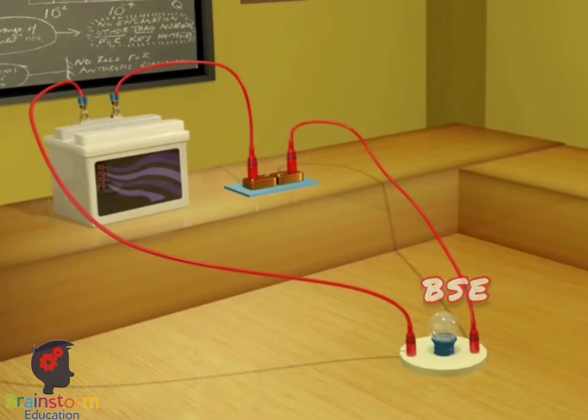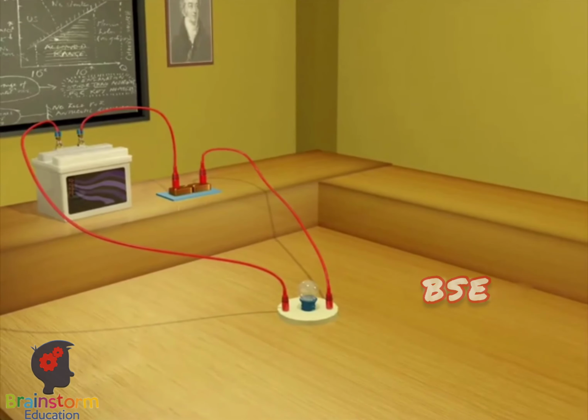A simple circuit comprises a cell, a plug key, a few electrical components, and connecting wires. Look at this circuit. It consists of an insulated metal wire connecting a cell, a key, and a bulb.